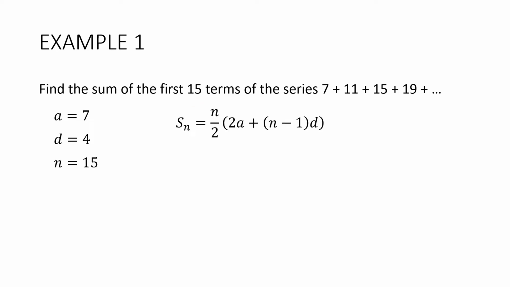Now let's substitute into the formula. We're going to get S subscript 15 is equal to 15 over 2, and then in brackets 2 times 7, that's the first term, and I've done a little bit of a shortcut here. Instead of putting in brackets 15 minus 1, I've done that in my head and written it as 14. Straight into the calculator, and we get 525.